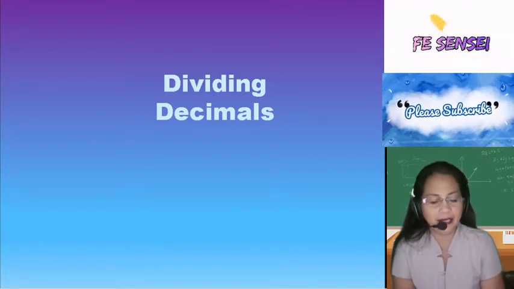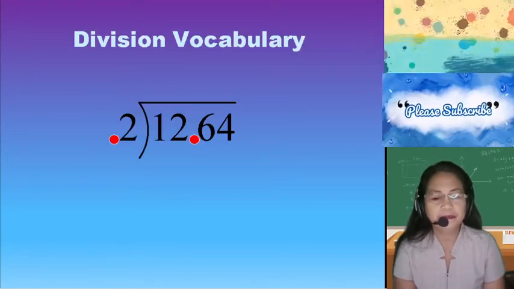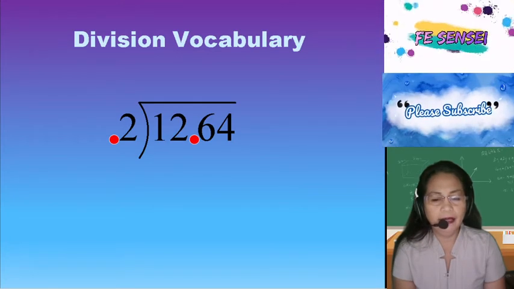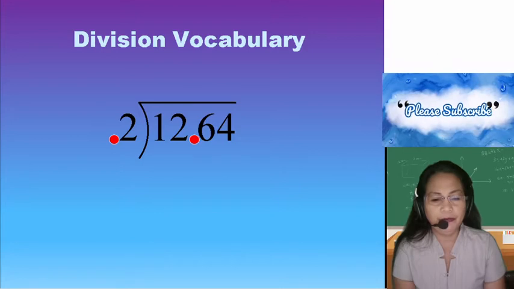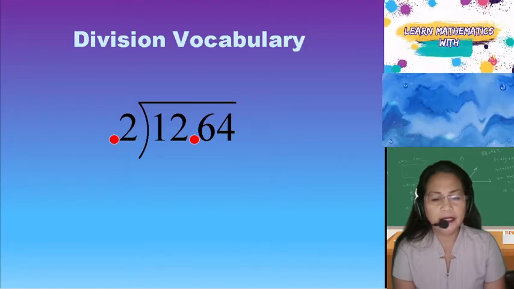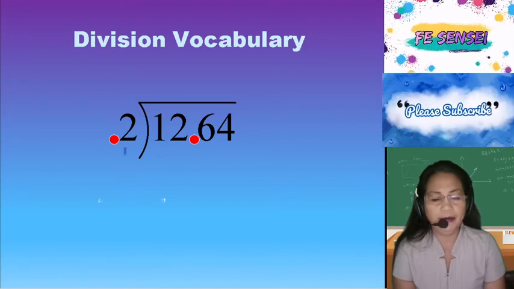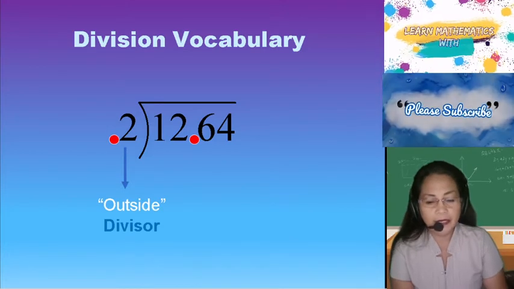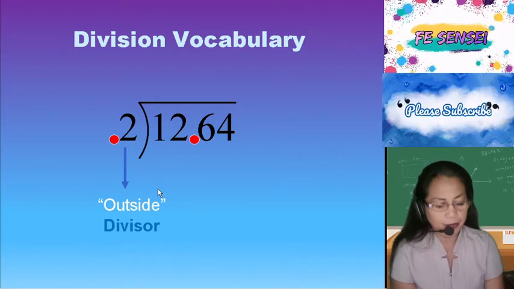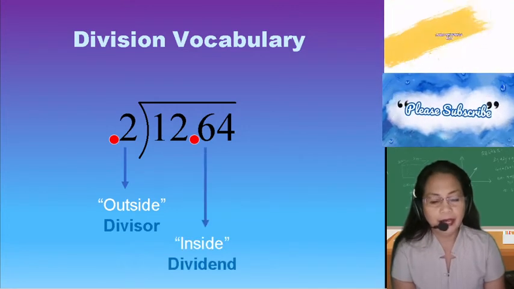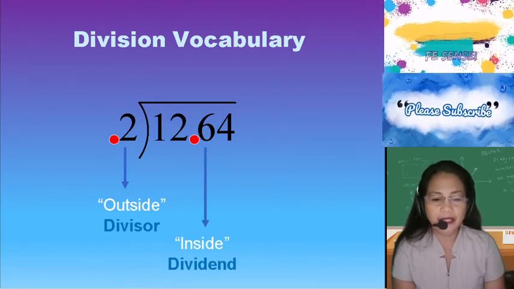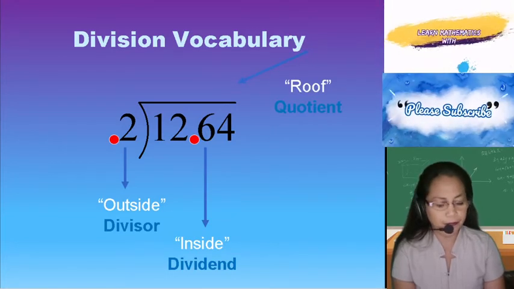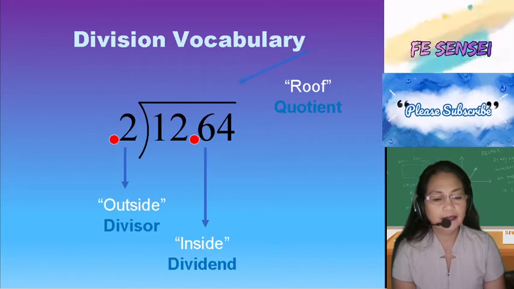Now, dividing decimals. Before we divide, let's review first the vocabulary of division. The outside number is our divisor. The inside is our dividend. And on the roof, the answer is the quotient.